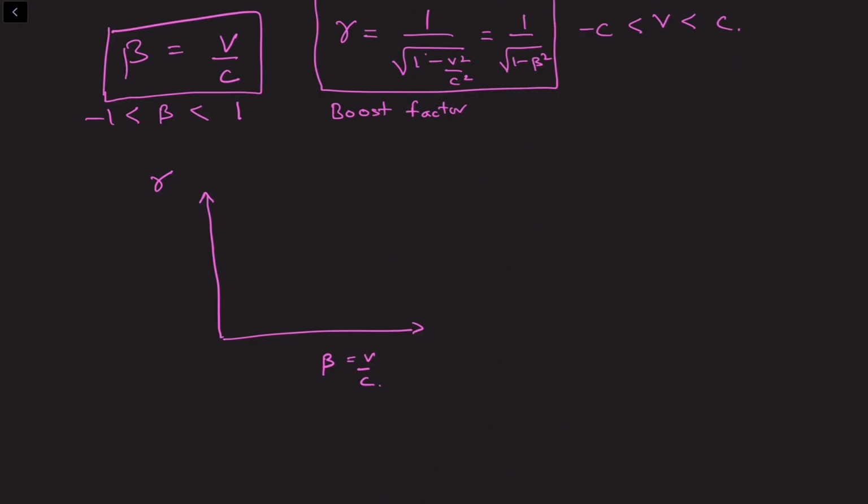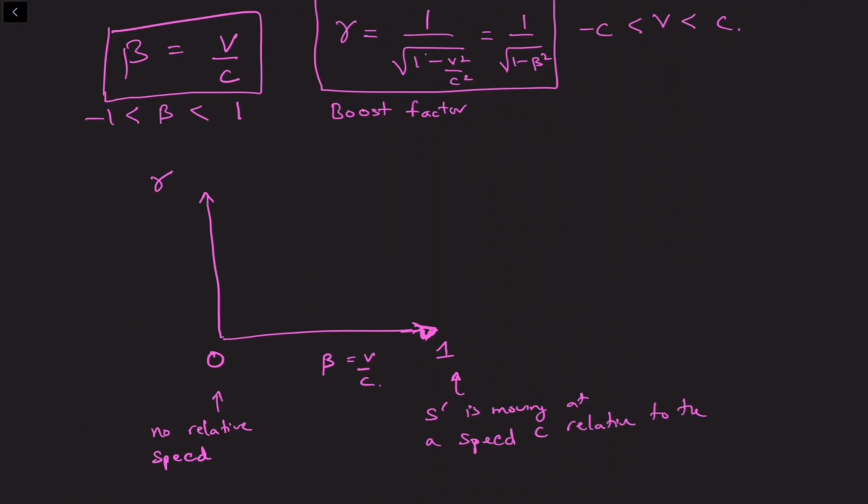Something similar would be true if the particle was moving along the negative x direction. So we'll plot beta from 0 to 1. 0 means no relative speed between the two frames. That is, the frames are at rest with respect to each other. And 1 would be the limit where the frame S prime is moving at a speed c relative to the first, or relative to the frame S.